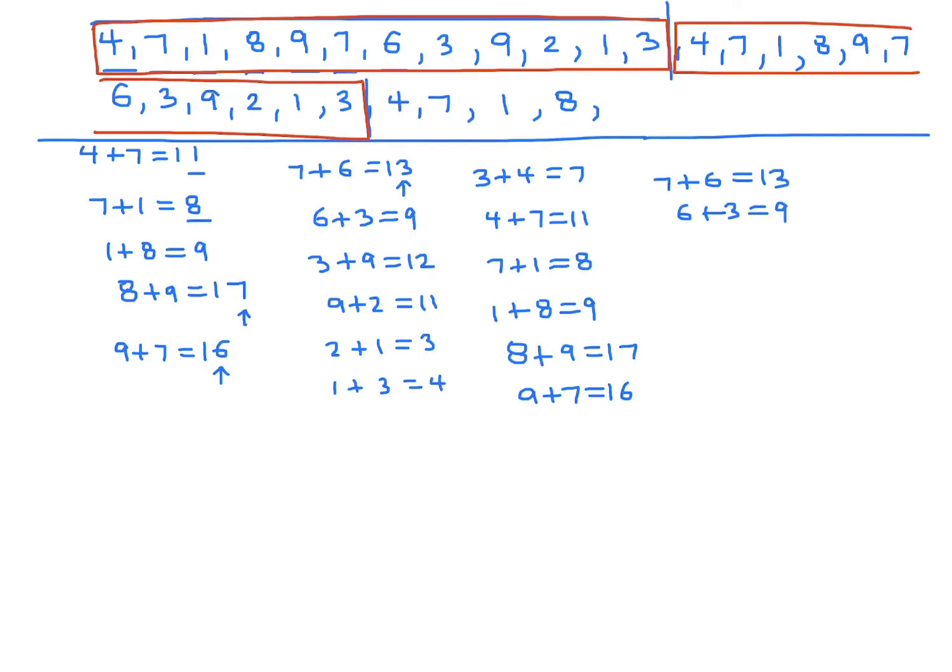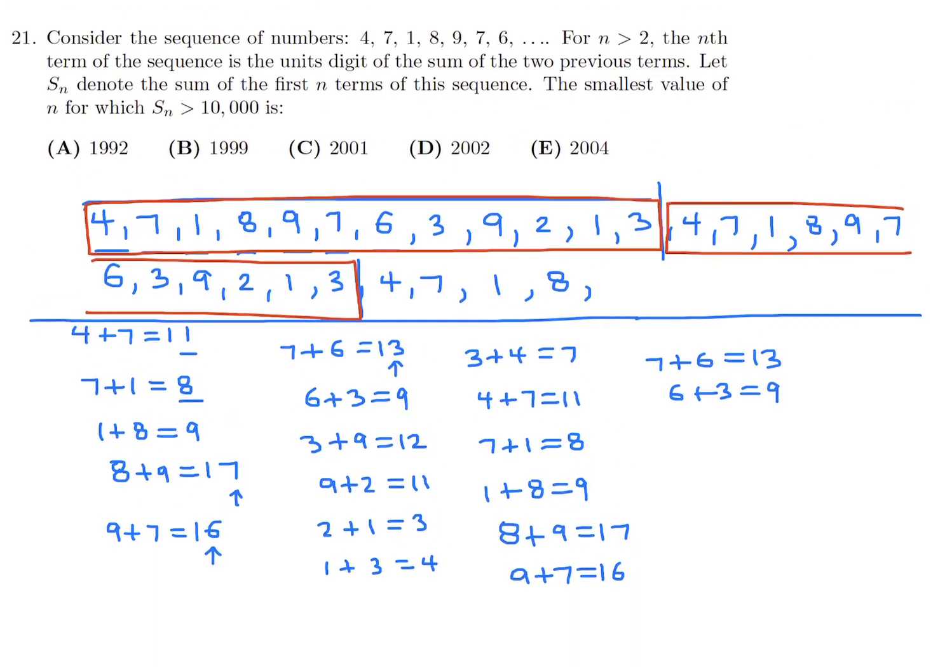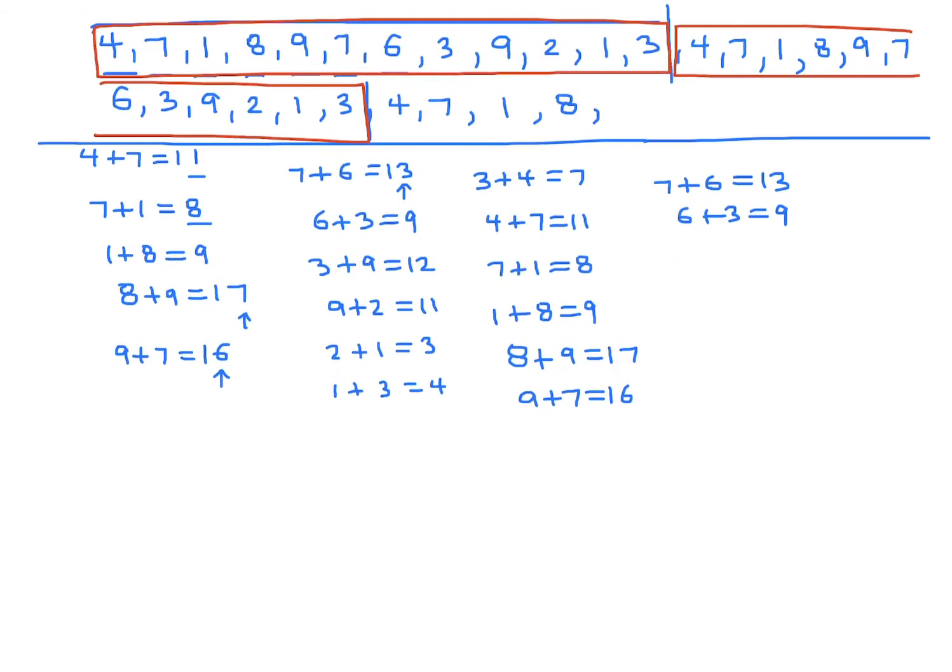And what is the sum? We have to eventually figure out sums, right? So what is the sum of those 12 terms, the first 12, S12. If you add all this up, 4 plus 7, 1, 8, 9, 7, 6, 3, 9, 2, 1, 3 is 60. That means that if you add the next 12, S24, it'll be 60 plus 60, right? Because every 12 terms is exactly the same.